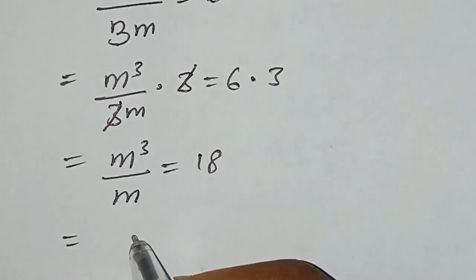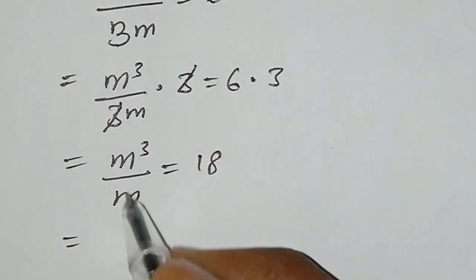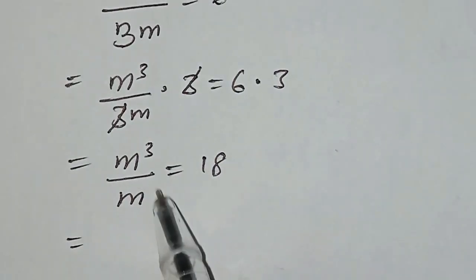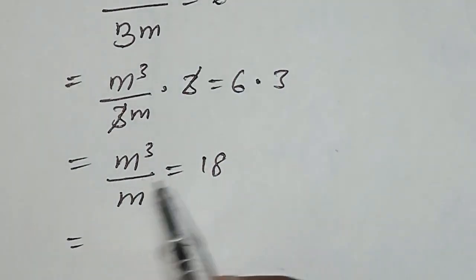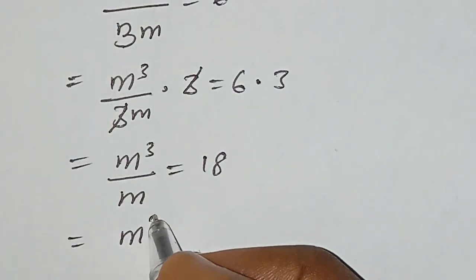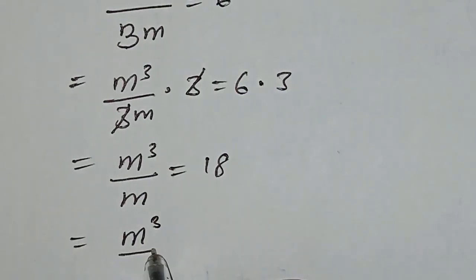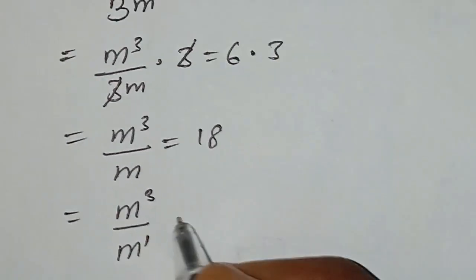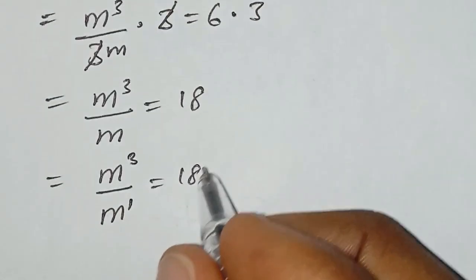So from here, the next step can be written as m to the power of 3 over m to the power of 1 equal to 18.